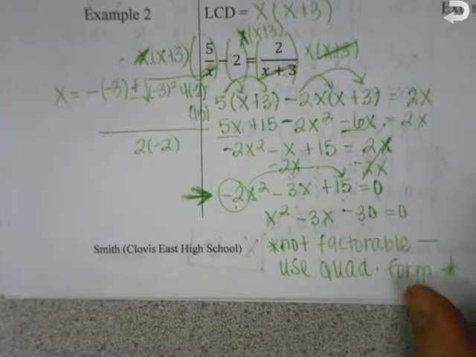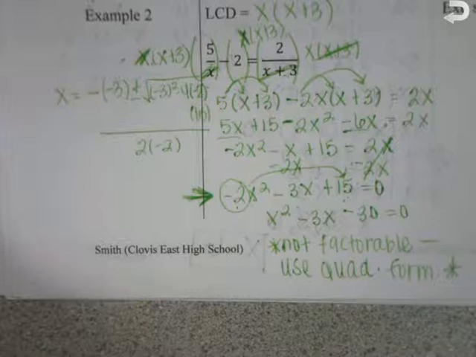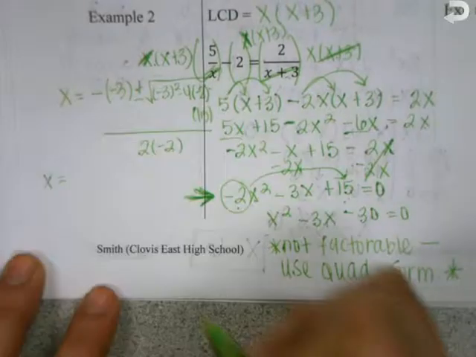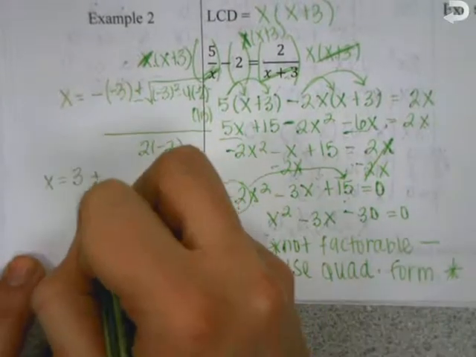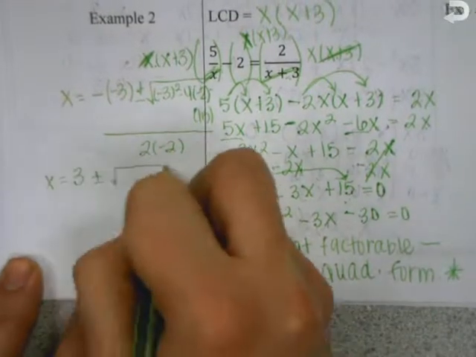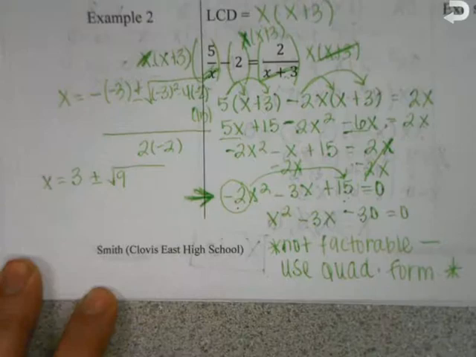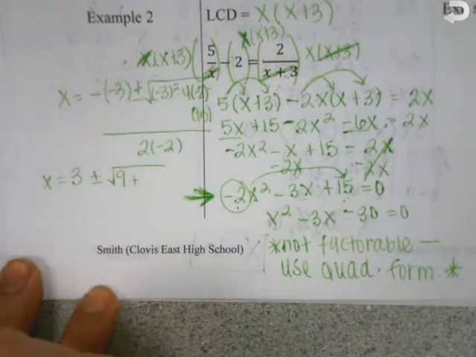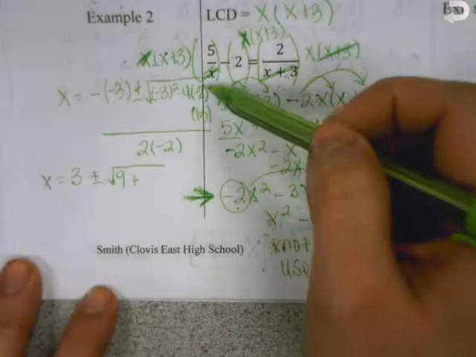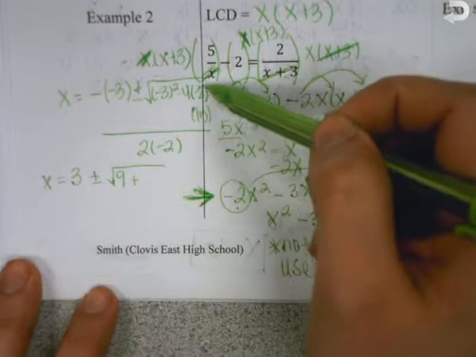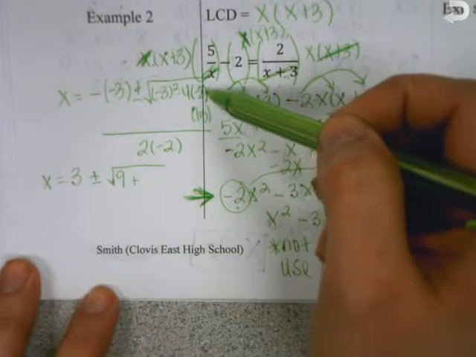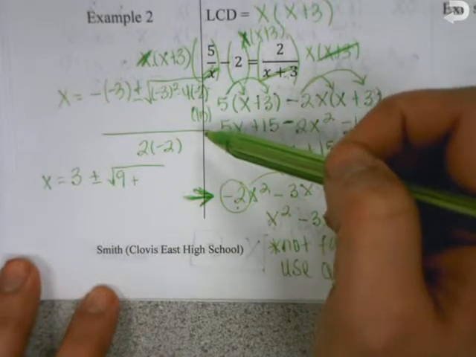Okay, so x equals 3 plus or minus square root of 9 plus, negative 4 times negative 2 gives me 8. 8 times 15 gives me 120.